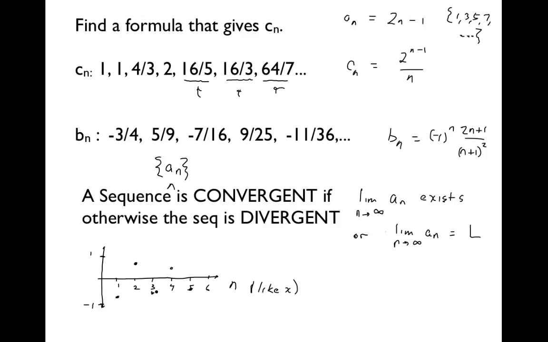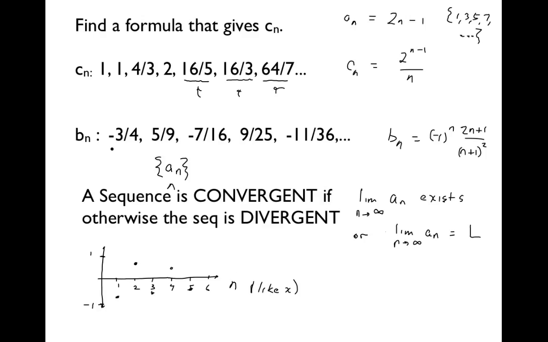So we're alternating, but the positive ones are going to get small, very close to 0, and the negative ones are going to get small, close to 0. So, convergent or not? Is this sequence heading to a particular value? Yeah, even though it's alternating, both sides of it are going to get really, really close to 0.